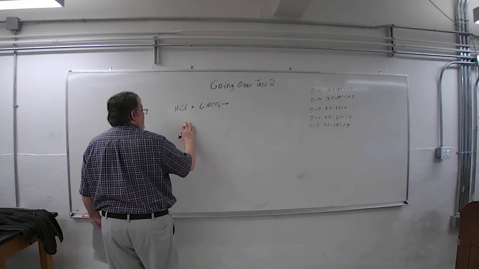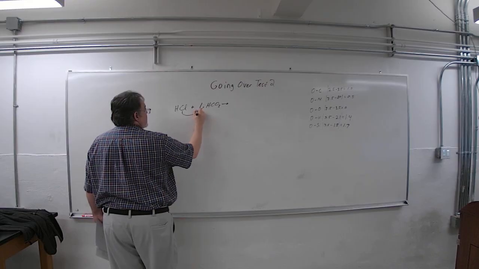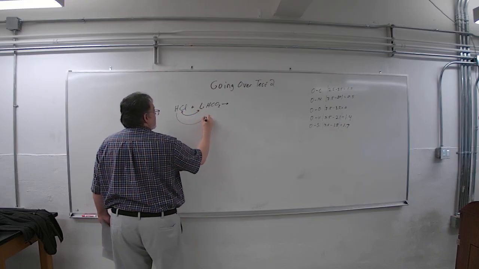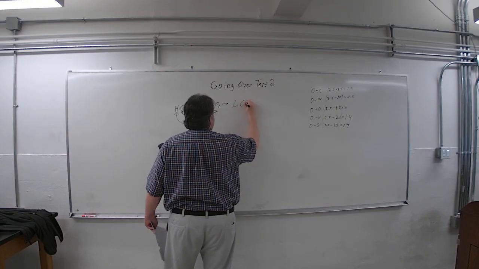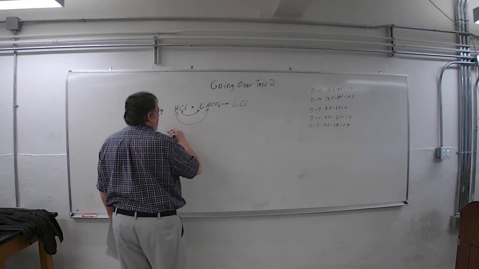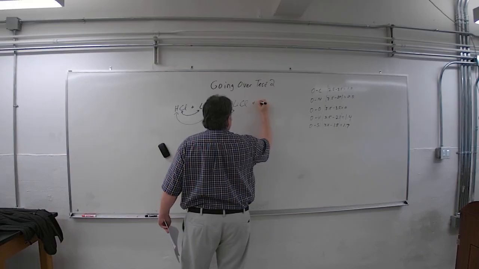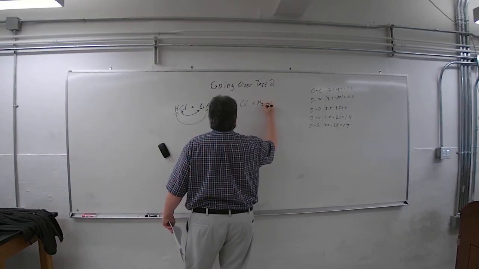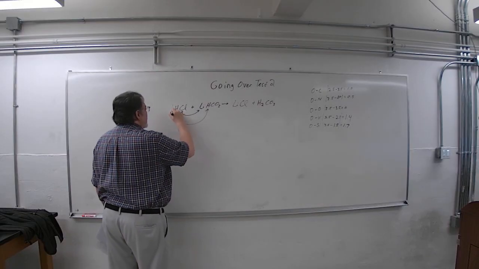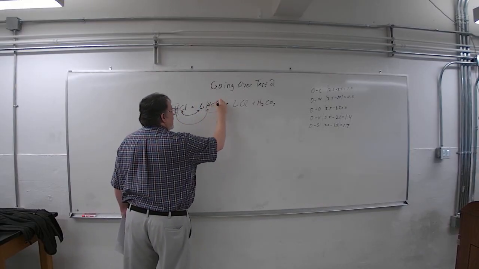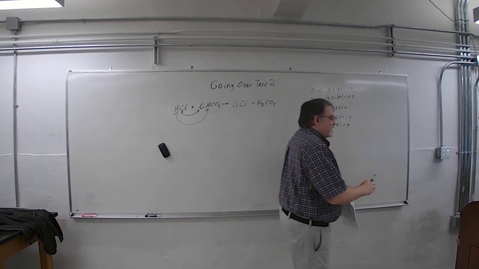So if you do the ion swap, LiCl, lithium chloride, and then you end up with H2CO3. This H and that together makes H2CO3.